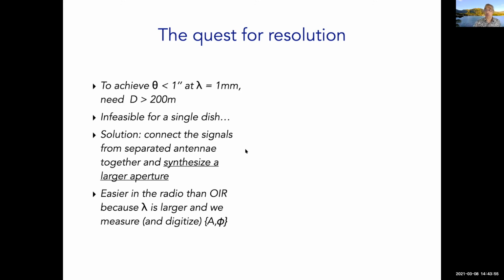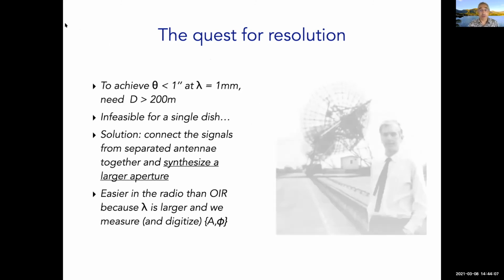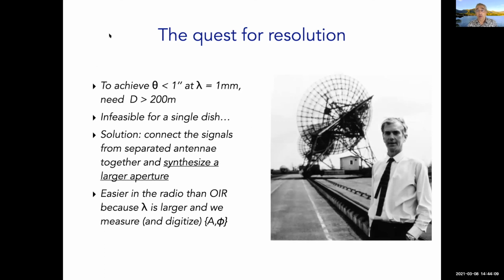The electronic revolution has really allowed these huge advances in interferometry, and it's consequently easier to do than in the optical and the infrared. So that's what the school is going to teach you all about. Interferometry has a long history, of course. It began at longer, centimeter wavelengths in Cambridge with Martin Ryle, who won the 1974 Nobel Prize.